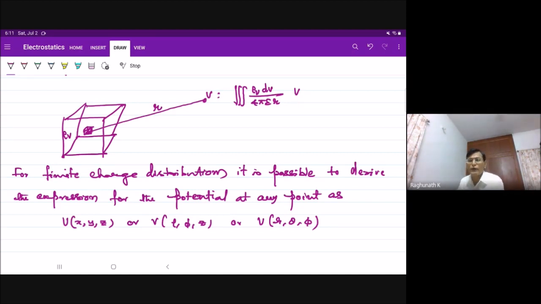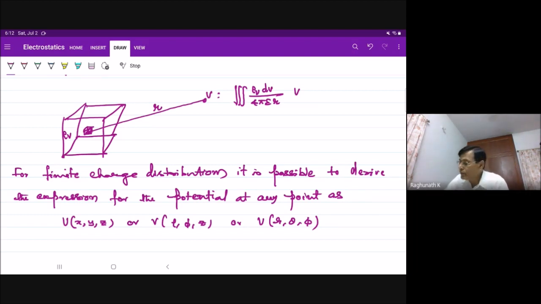Normally, depending upon the configuration, we will select either the Cartesian, cylindrical or spherical coordinate system and determine the potential at any point in the field, which is the region in the space given.